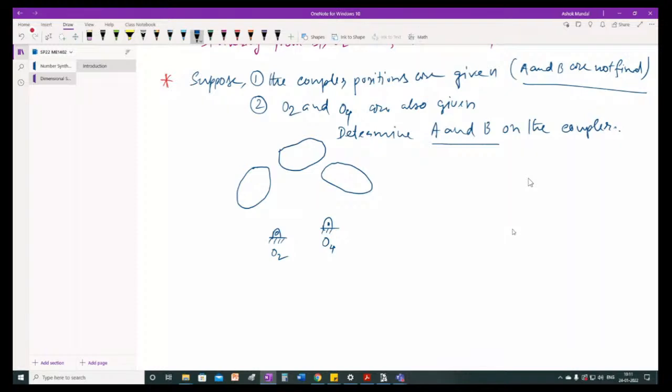Now, suppose I draw a circle with respect to this O2, and it is passing through all the points. In this case, it may not be passing, but suppose it is.